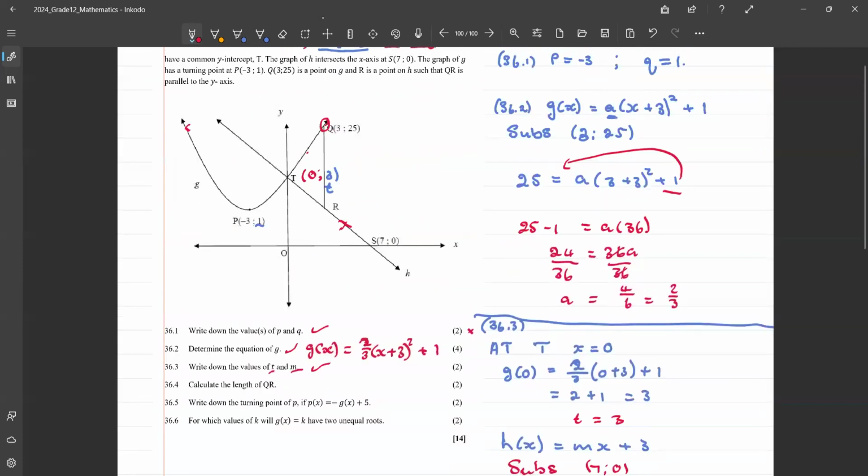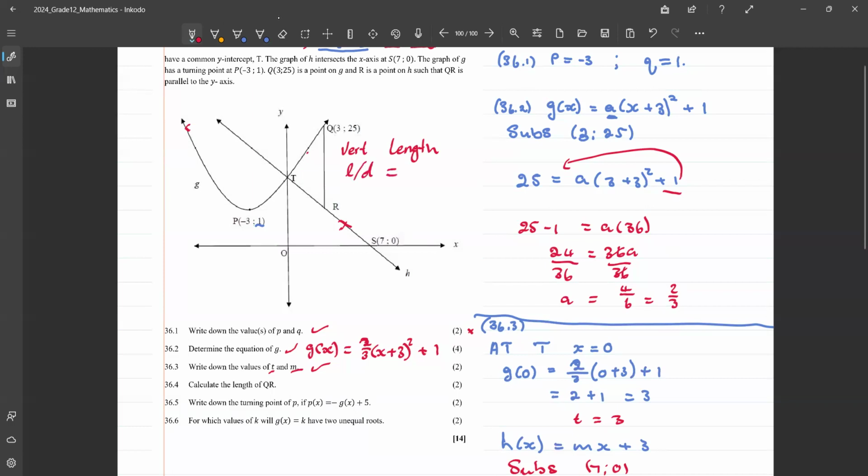So let's look at how QR looks. If you look at QR, it is a vertical length. Since it's a vertical length, it has the equation, I'll write it as length, or if you want, you can call it distance.